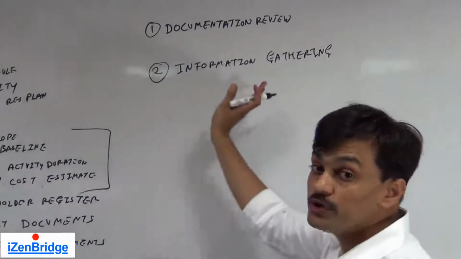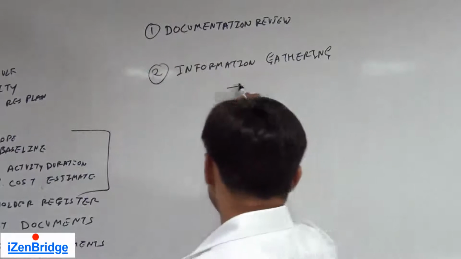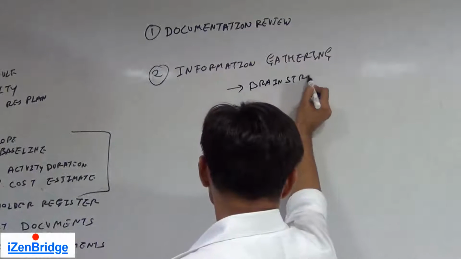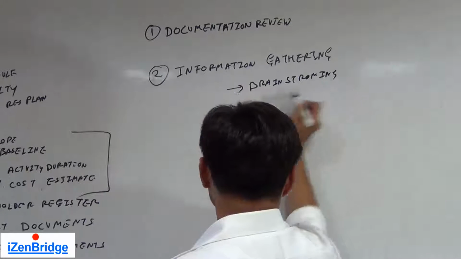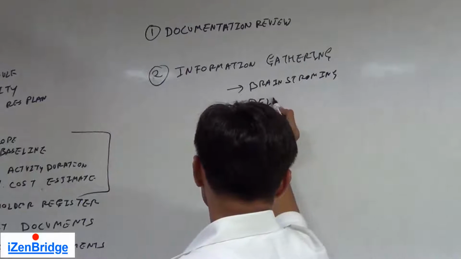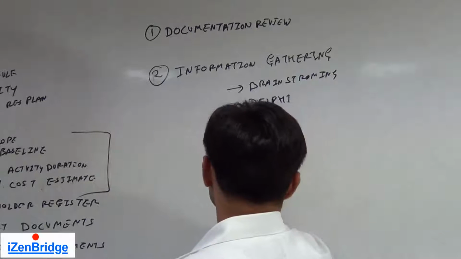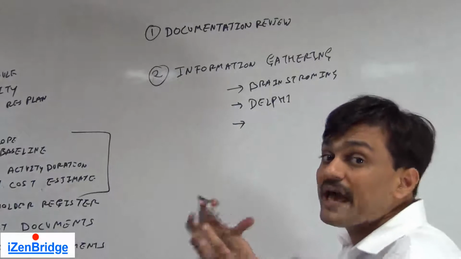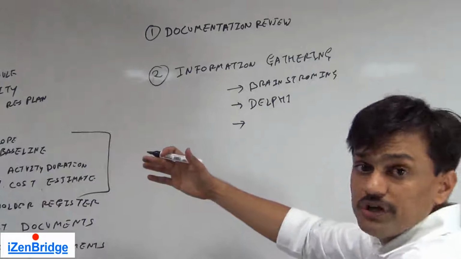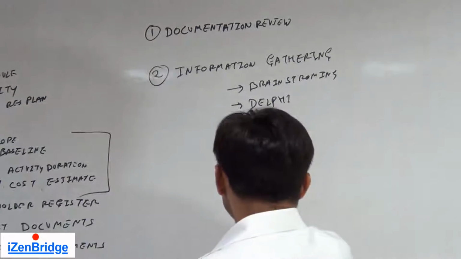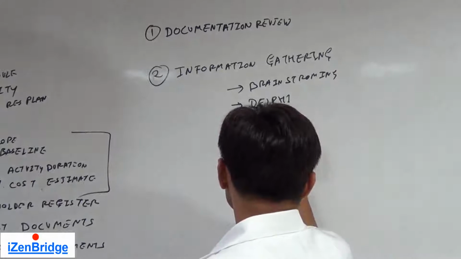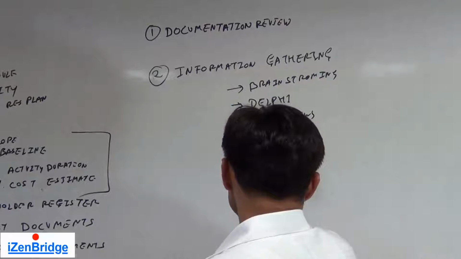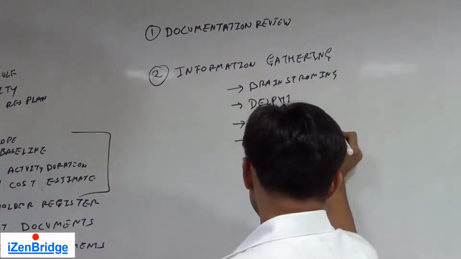So how do we do that? We may apply brainstorming, we may apply the Delphi technique, techniques which help us to extract information from a group of individuals. Interviewing, we may apply root cause analysis.